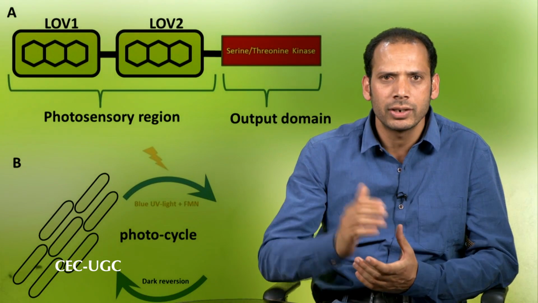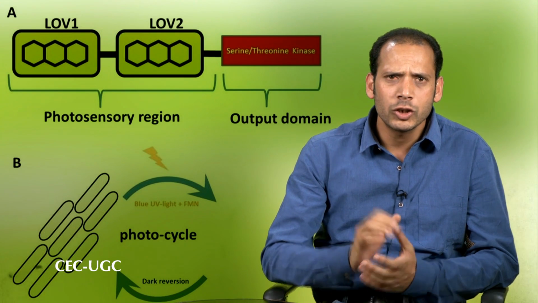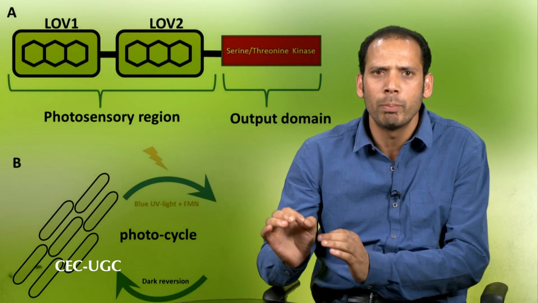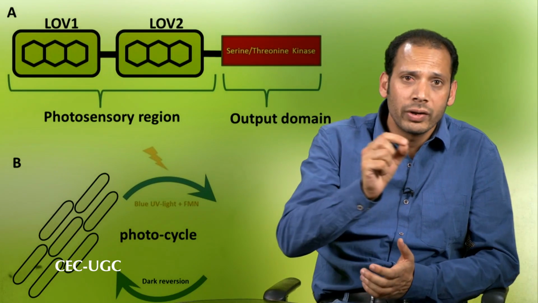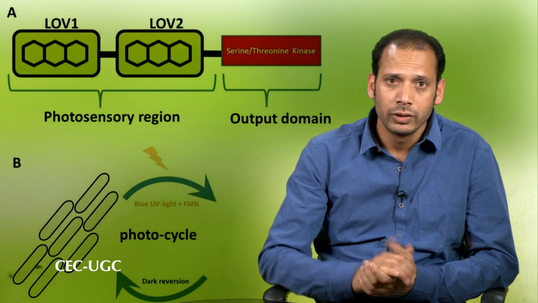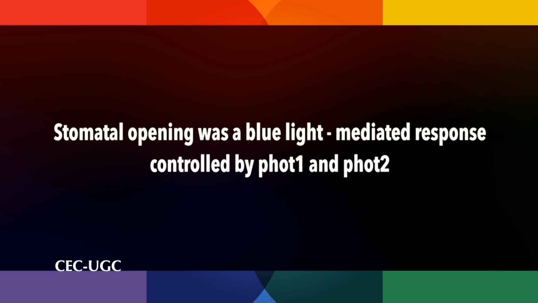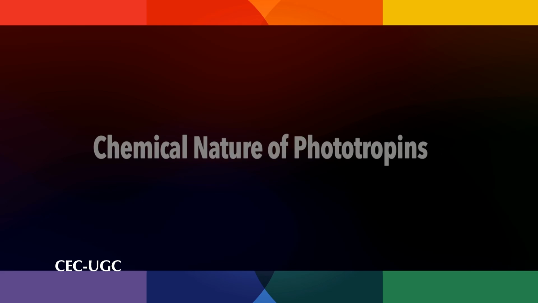Under these conditions, because stomata open much wider in response to the combination of blue and red light than to red light alone, these investigators concluded that stomatal opening was a blue light mediated response controlled by phototropin 1 and phototropin 2. Now about the chemical nature of phototropins.